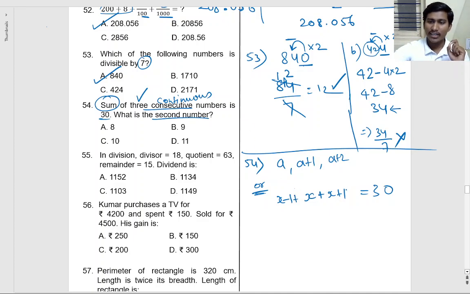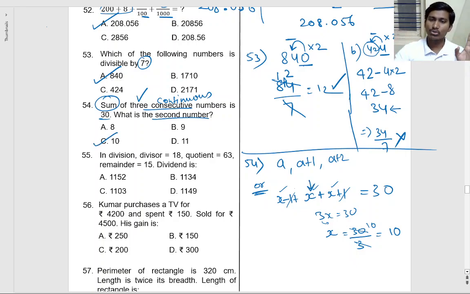Minus 1 and plus 1 become 0, so it is 1x, 2x, 3x. So 3x is 30, that is, x is equal to 30 by 3. Taking the 3 to that side, it will divide. 3 tens are 30. They are asking for the middle number, and this is the middle number, so 10 is the answer.